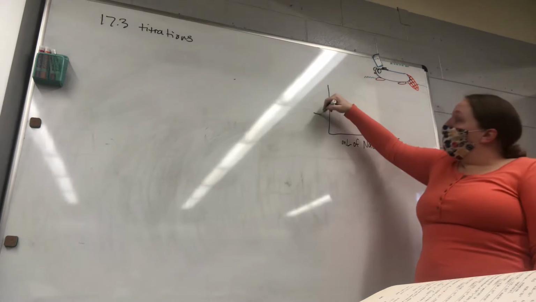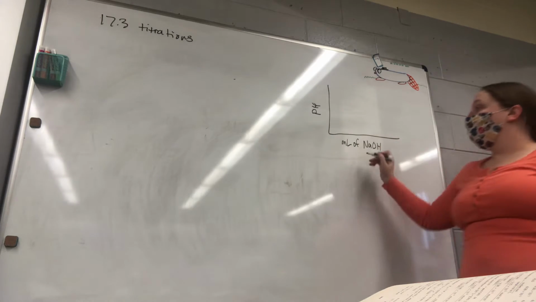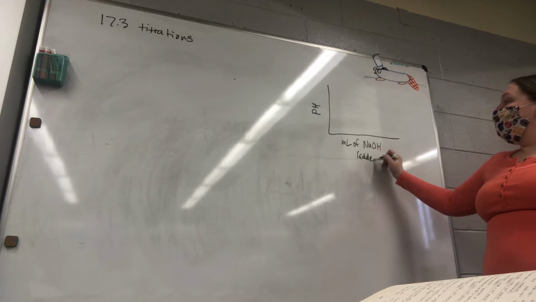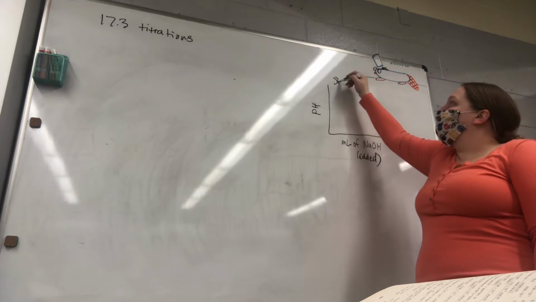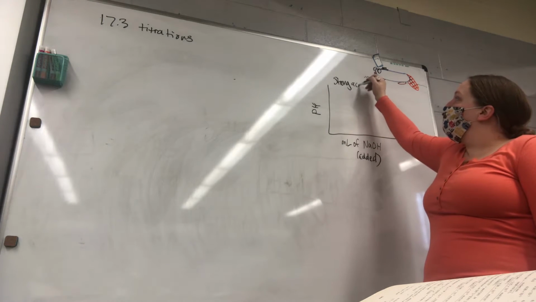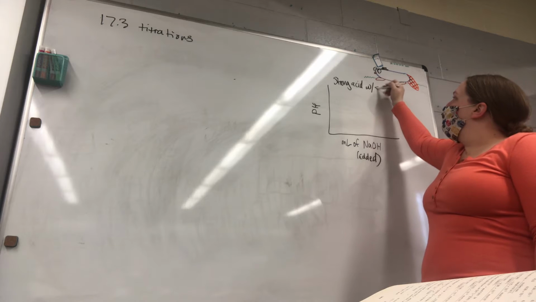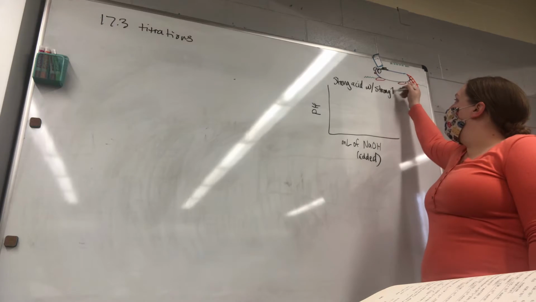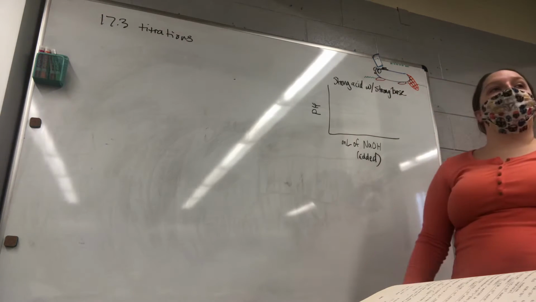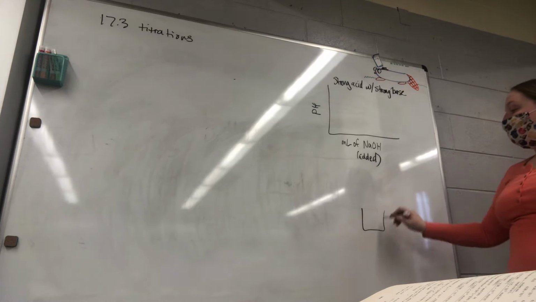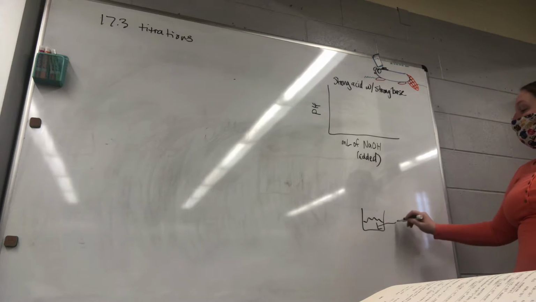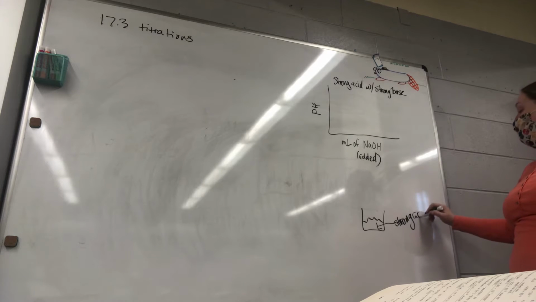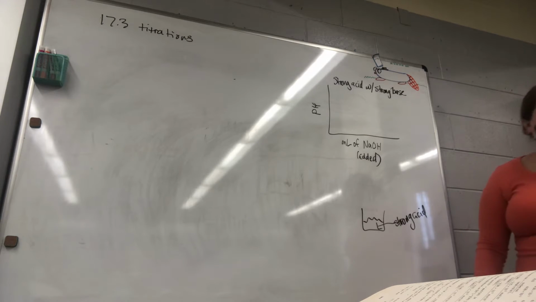Here we have ml of NaOH added. Let's say this is a strong acid with a strong base. Okay? So remember what our titration actually looks like. We put something in the beaker, like we did in lab, like a strong acid, if you will.